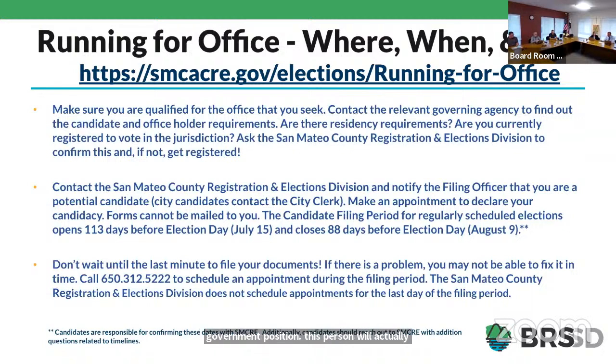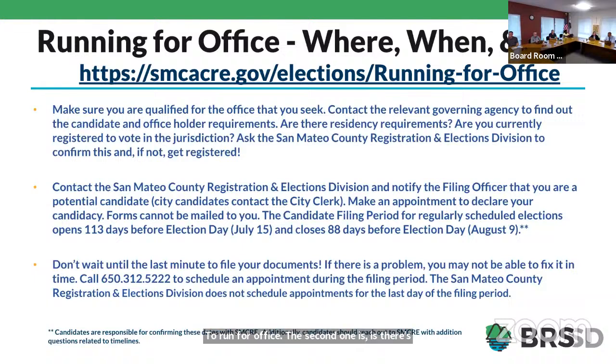So there are some specific criteria that you need to go through. I've highlighted a couple of them here. One is making sure that you're in the right area and that you're qualified to run for office. The second one is there are specific filing periods.